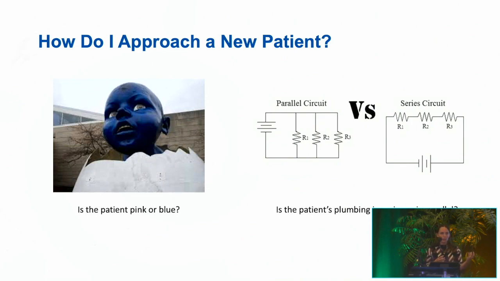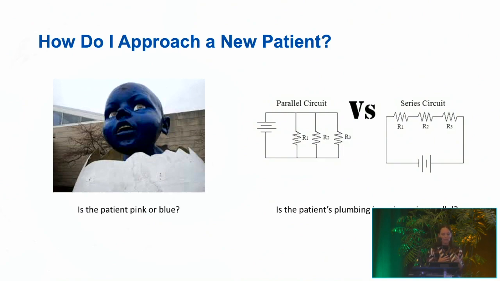It's noting that a sat of 96% on room air probably isn't normal for an 18-year-old. If you see that in pre-op, understand they are shunting somewhere, even if it's deemed an acyanotic lesion. That then tells you there are pressures somewhere that aren't right. So that's what I first ask myself.